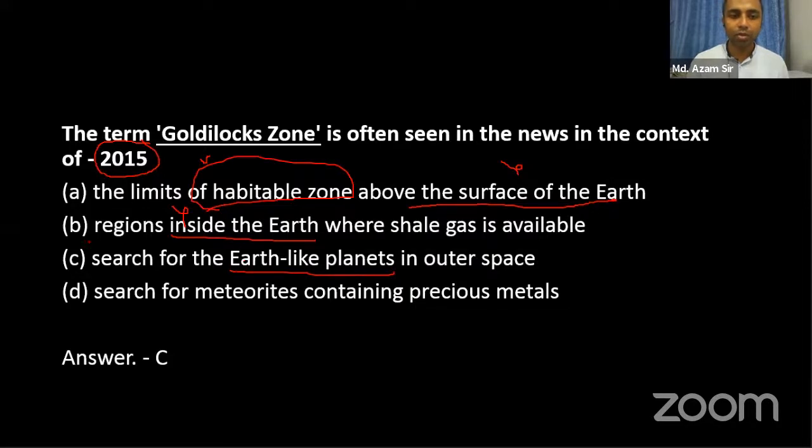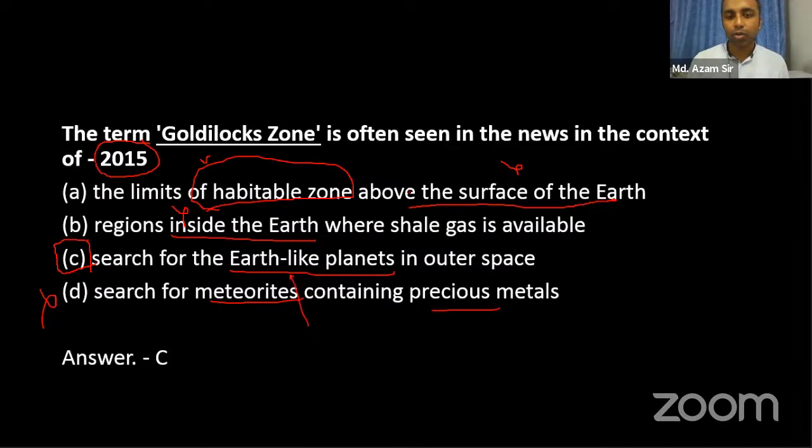Yes, this sounds more correct, but let us read option D also. Search for meteorites containing precious metal. This is absolutely wrong. So at times the answer is not given straightforwardly. Earth-like planet. Earth is a habitable planet.